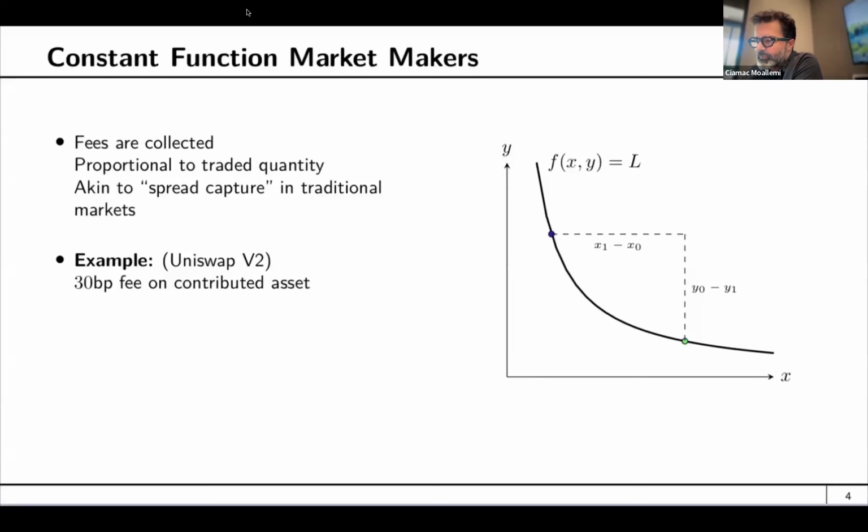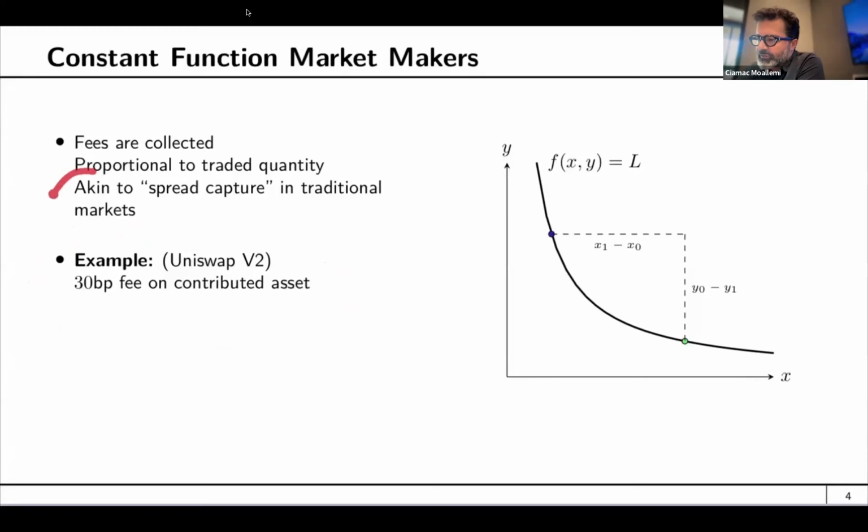For example, in the Uniswap V2 smart contract protocol, the rule is that you're allowed any state transition on this curve. However, when you make a state transition, in addition, you have to contribute 30 basis points, or 0.3%, of an additional amount of the asset that you're contributing.